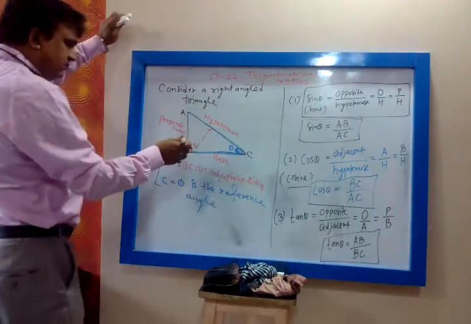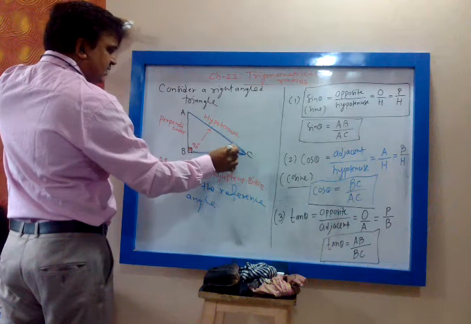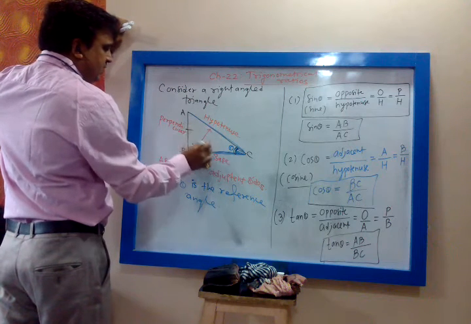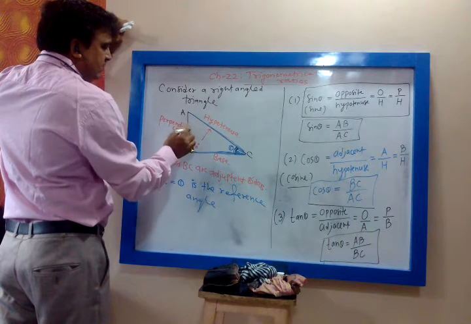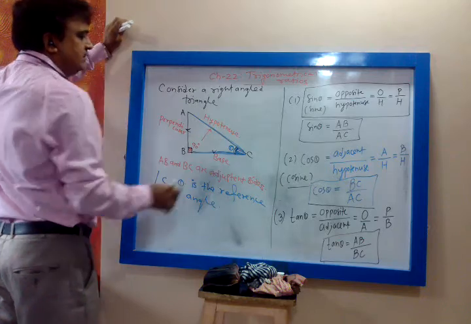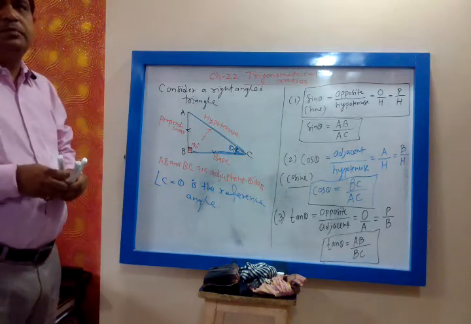Tan theta is opposite upon adjacent, so AB upon BC, perpendicular upon base.